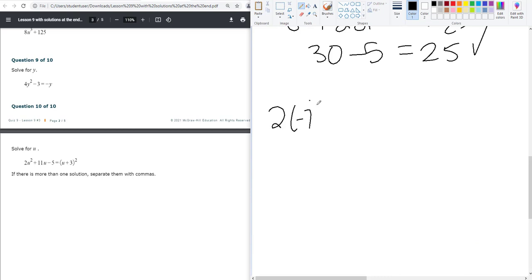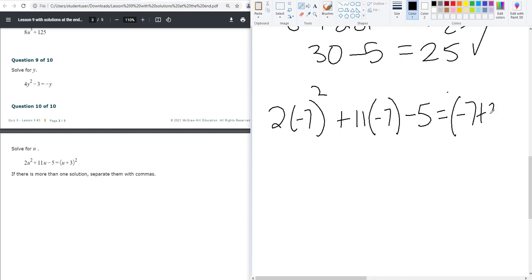2 times negative 7 squared plus 11 times negative 7 minus 5 is supposed to equal negative 7 plus 3 squared. This time, that's negative 4 squared, which is 16.